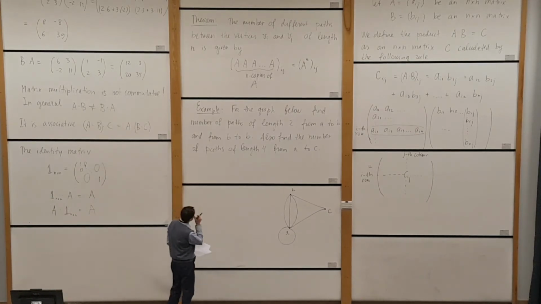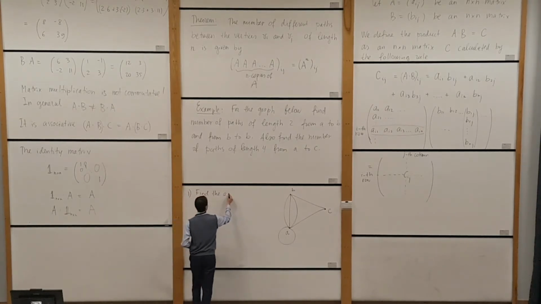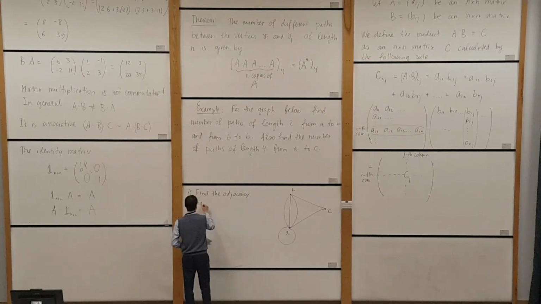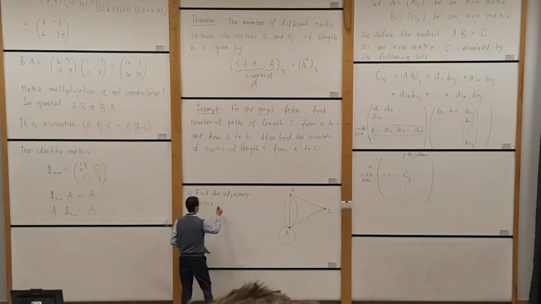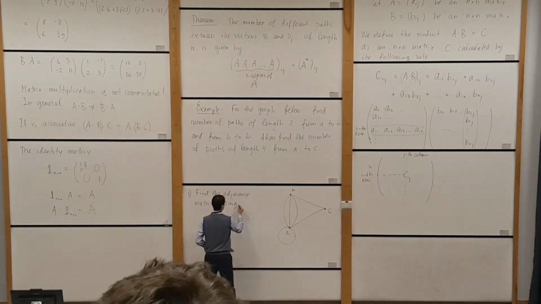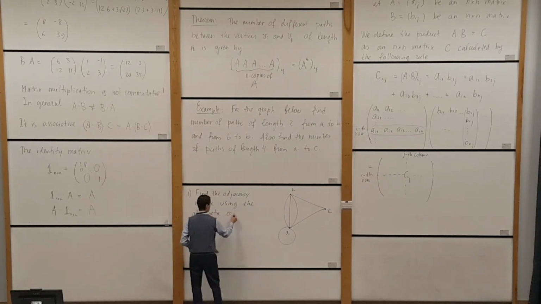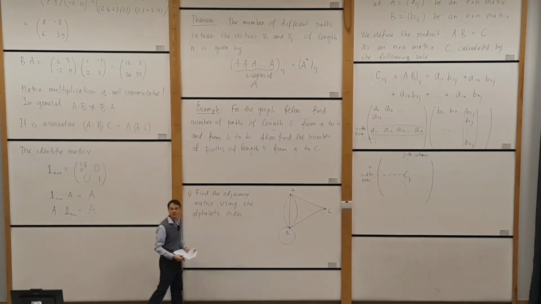Okay, so what we're going to do. First step, we'll find the adjacency matrix. And we will use the alphabetic order. If you choose any other order, it doesn't matter.